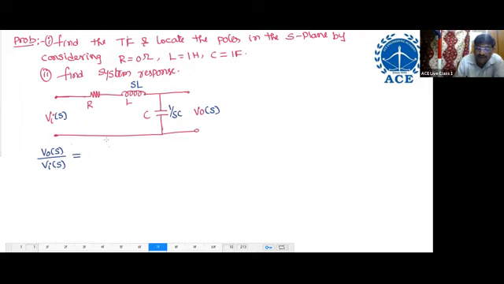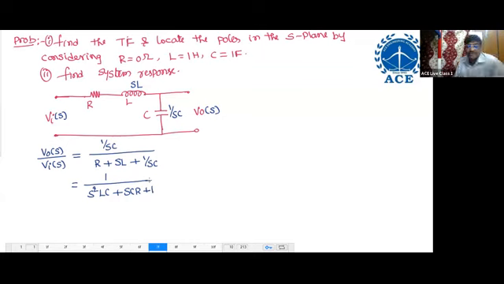The transfer function is 1 by SC divided by R plus SL plus 1 by SC. Simplify this: 1 by S square LC plus SCR plus 1.